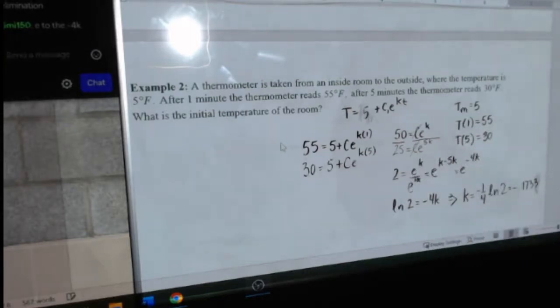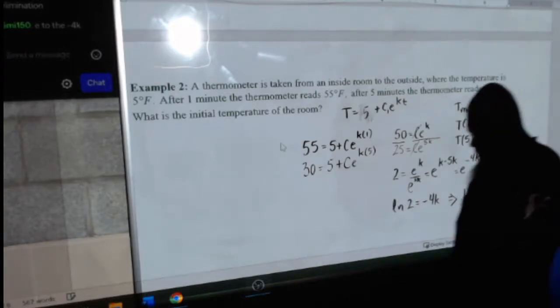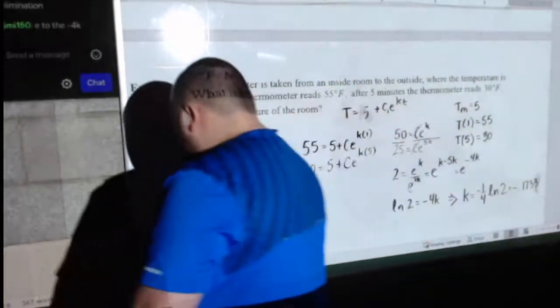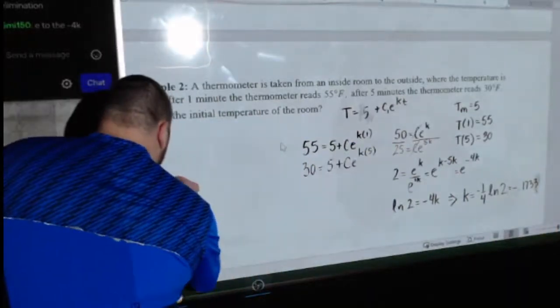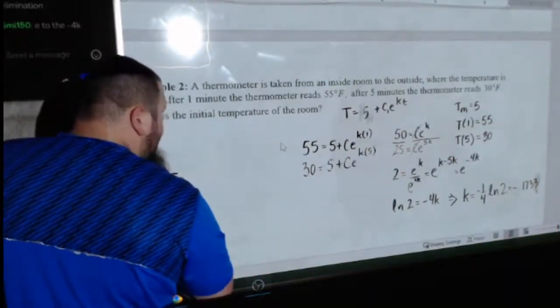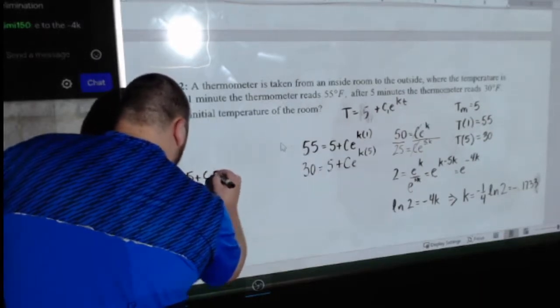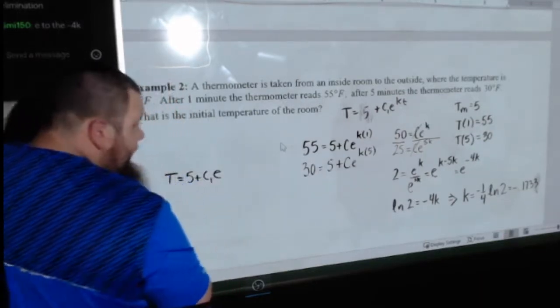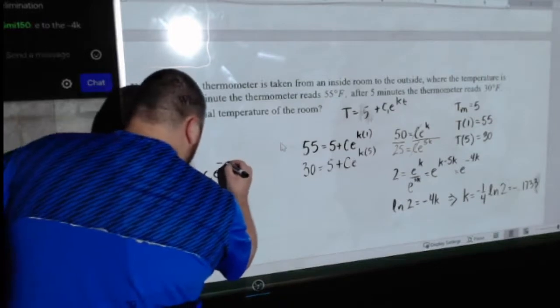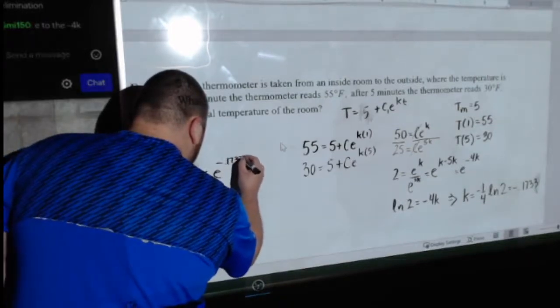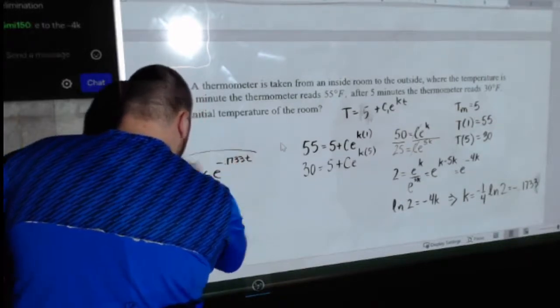So once I have k, I can plug it back in, and I can use either of the 2 conditions to find C. So right now, I have that the temperature is equal to 5 plus C1 e^(-0.1733t).